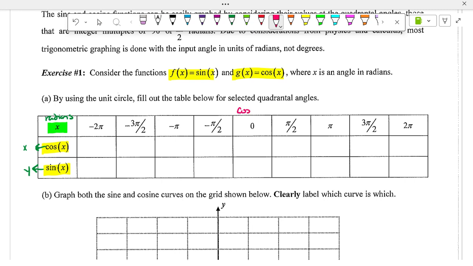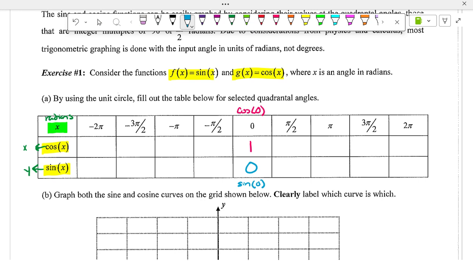If I did cosine of 0, I plug 0 in for x. So my angle is 0 radians. Look on your unit circle where 0 radians is. What is the value at cosine? 1. If I did sine of 0, that one's 0. That's the y value of the coordinate at 0 radians.